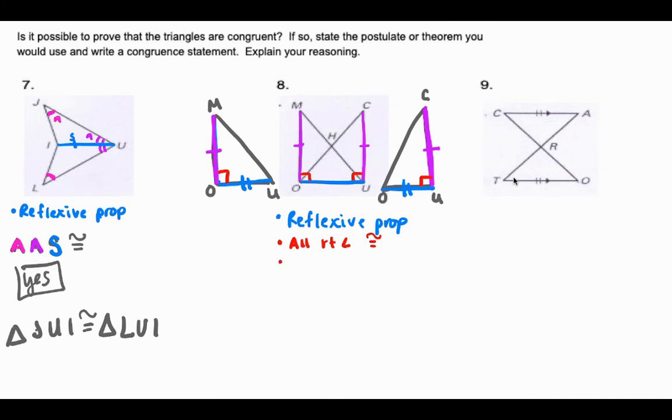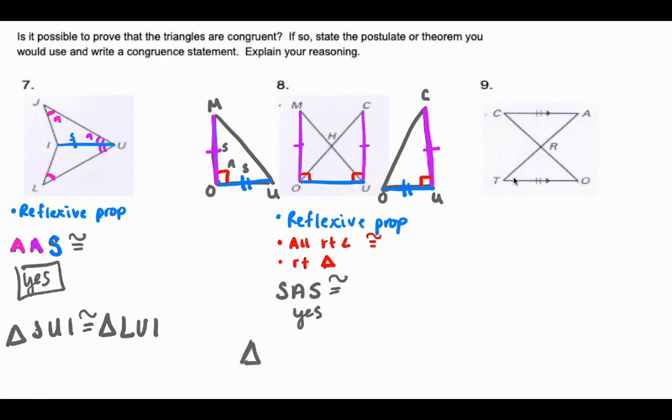We also happen to have a right triangle. Now, none of our marked sides are actually the hypotenuse, so we're not going to use hypotenuse leg. But if we look at how this is labeled, we have our side connected to the angle, connected to the other side. So this is side, angle, side congruence.